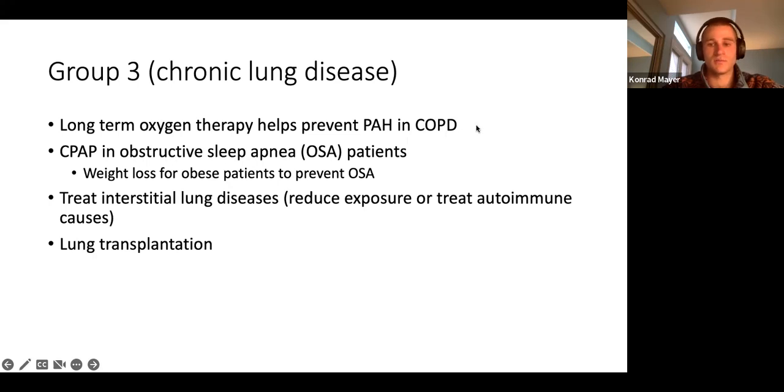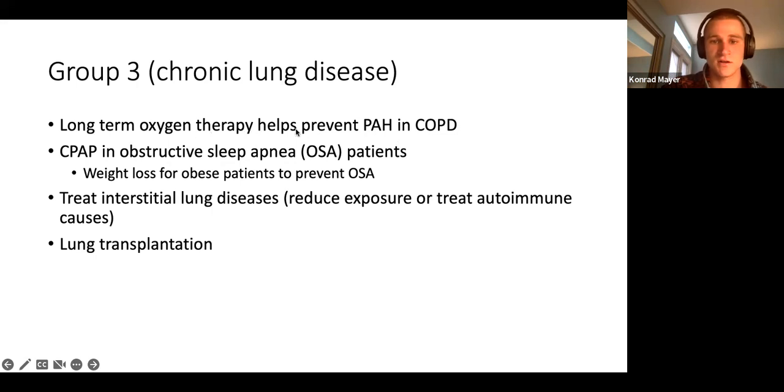These are older people that are overweight and unhealthy. If you see somebody who looks really unhealthy, overweight, smoking, this is probably group 3, contrasting to group 1, who is a healthy appearing young female who is having dyspnea.